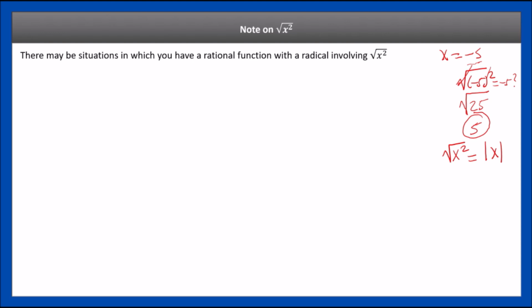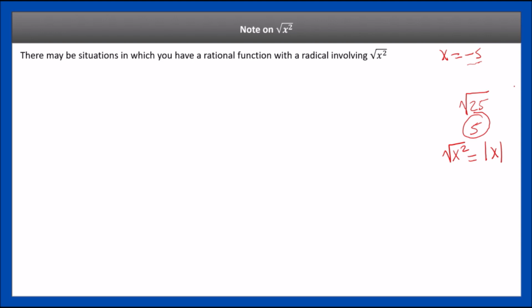Remember that the square root function, the principal square root function, only gives you positive quantities; it can never give you negative quantities. So the answer is 5, not negative 5. So I'm going to cross this out.